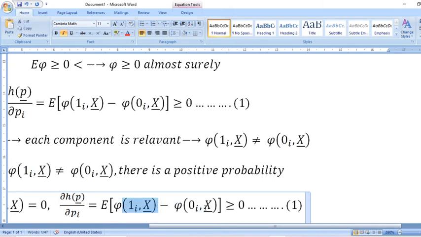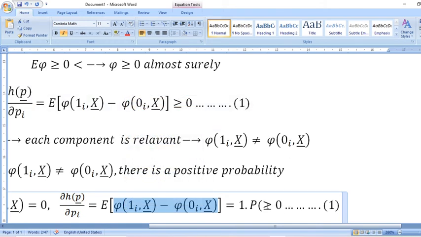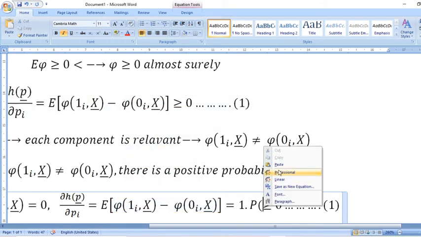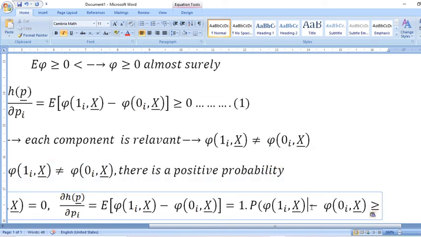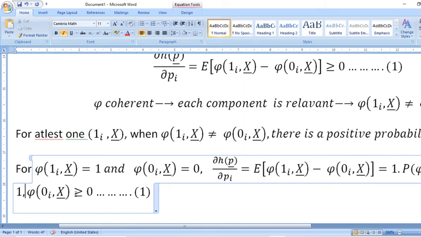Okay. So what is the expectation? 1 into probability of phi of 1 I comma x equal to 1 and phi of 0 I comma x equal to 0.